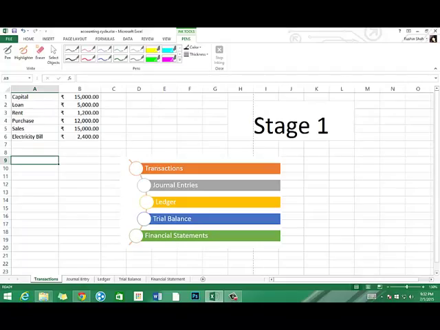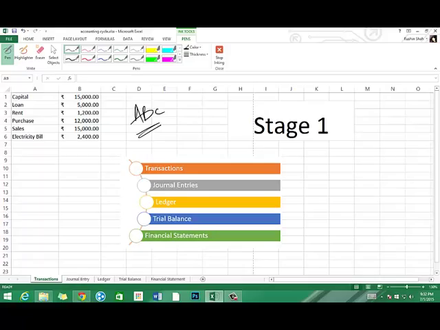Here we have created an example company. Let's assume that there is an ABC Private Limited. This is a company. We've started the company. We have taken a loan of 5,000 rupees. We have introduced our own capital of 15,000.